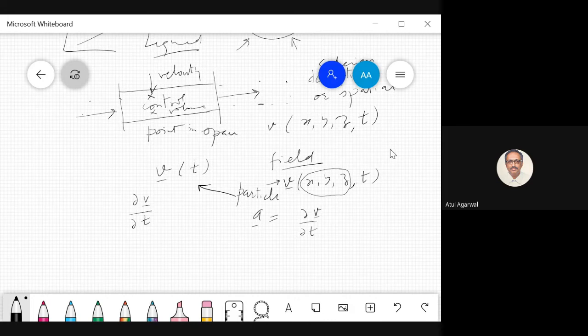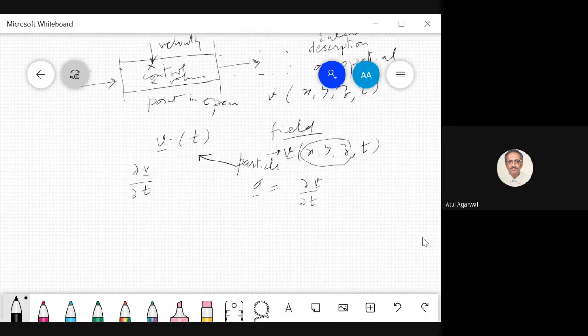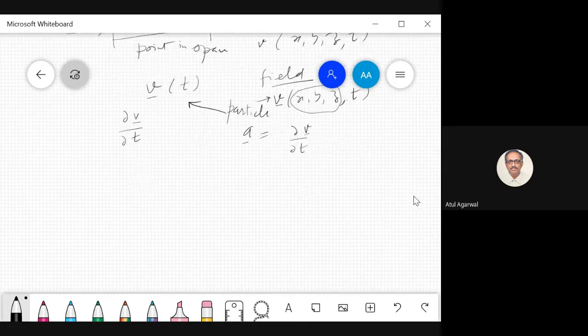You have given particle description of the velocity. But suppose you are giving spatial description of velocity. You say particle is at this position, certain velocity is there. Particle travels from here to here. So here it was x, y, z, t. Now where will it be after time delta t?